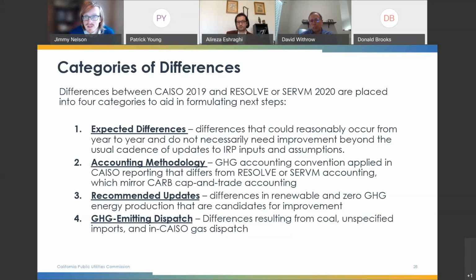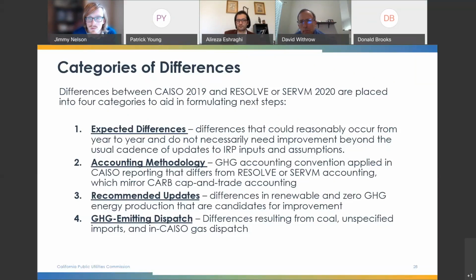Because we examined a lot of different categories of differences, we bucketed those categories to help the explanation along. The first category is expected differences. We know that because 2019 is different than 2020, and 2019 is a specific year, and 2020, when we model it, is more of an aggregation of many different conditions, we just expect there to be some differences in load and renewable production and hydro.